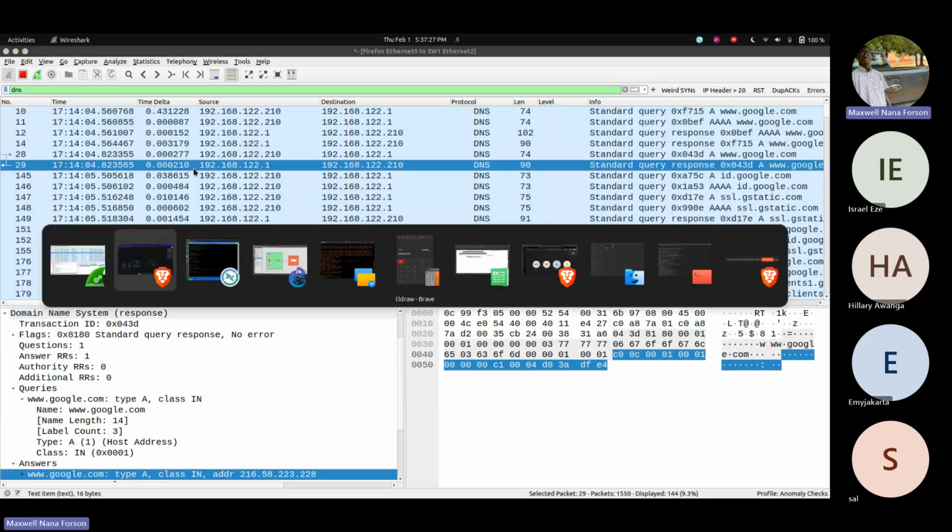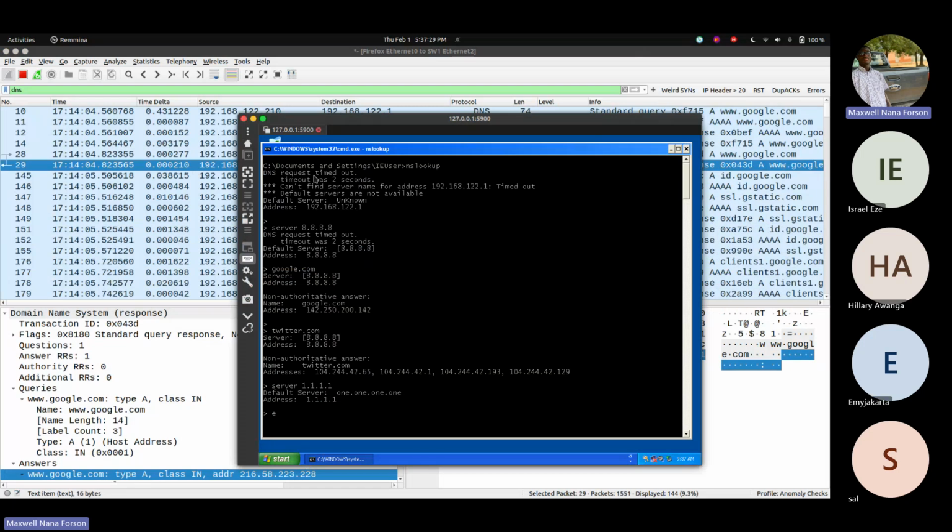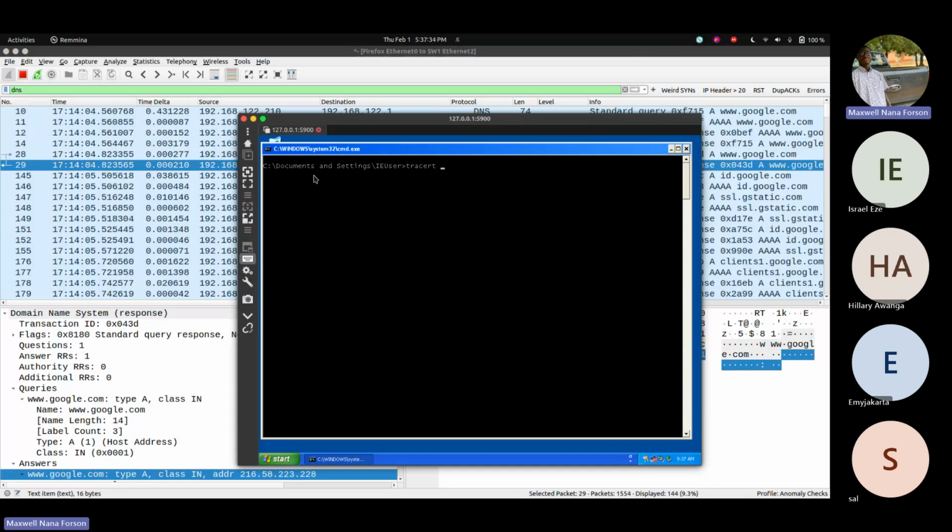So, like I was saying, there's this command called tracert on Windows, right? When you run this, it shows you all the steps it takes from your PC to wherever you are going. Here I can see that first of all, it goes to my router, which is the first one. Then there's another router in between. It goes through all these routers so that it can get to a particular point.